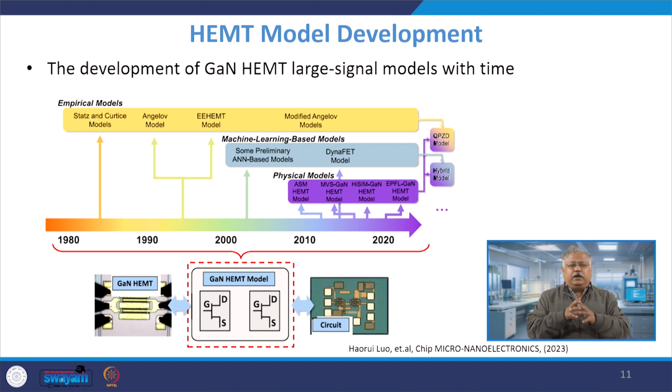Let me recapitulate what we learned till now. We learned, at least in this lecture, about HEMT functionality, how band gap engineering is being done in order to generate a two-dimensional electron gas within the structure itself, and how HEMT therefore has a very high performance design because of very high current without compromising on the breakdown voltages.